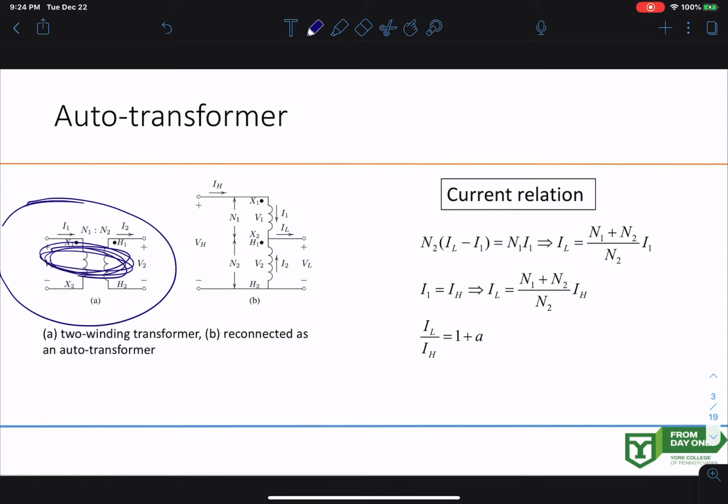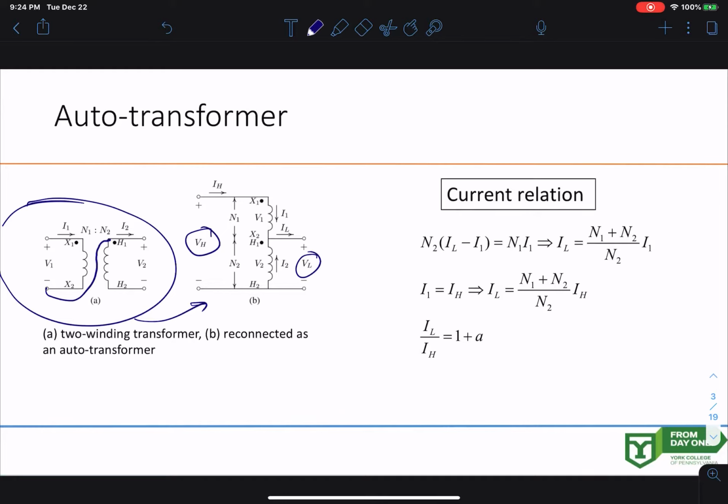Now, if we make this transformer such that it is not only magnetically coupled but also electrically connected, that means if I connect this from here to this side over here, that will become this one, right? So in that case, the high side could be using both coils and the low side will be using one of the coils.